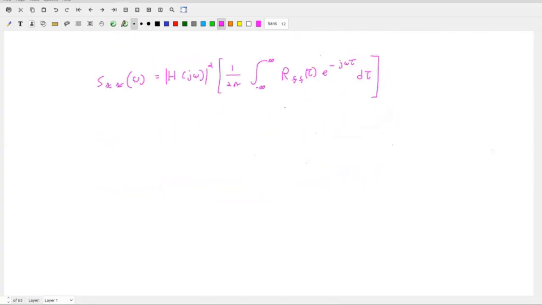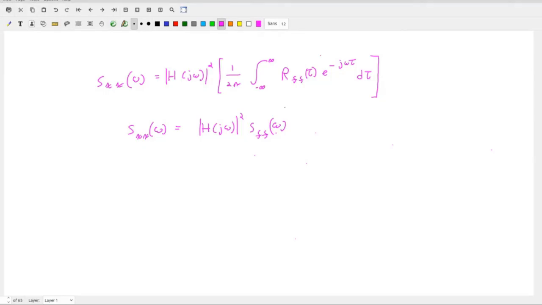Let's take the Fourier transform of the right-hand side, and then we end up with our spectrum SXX of omega is equal to H of j omega absolute value squared times our spectrum SFF of omega.